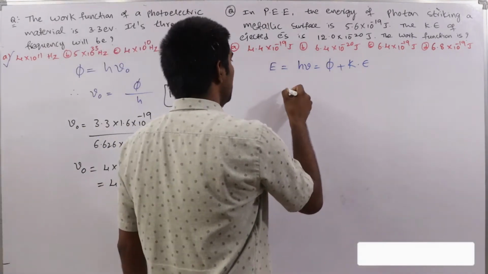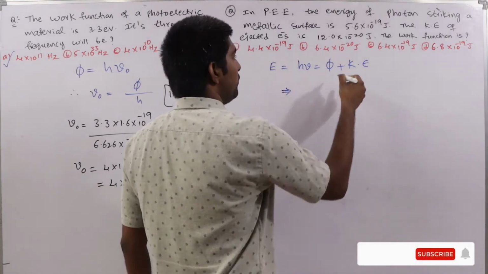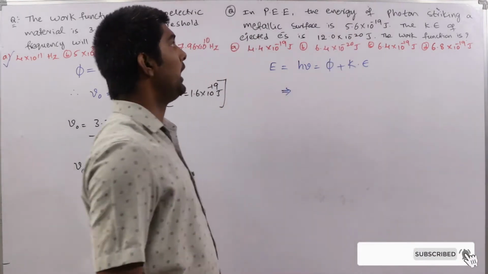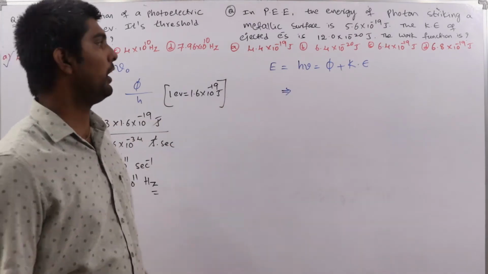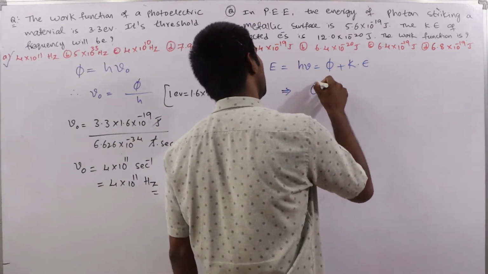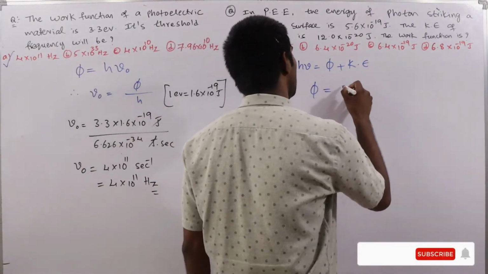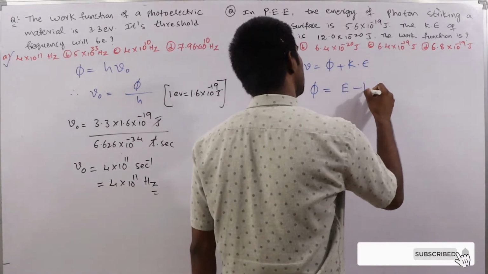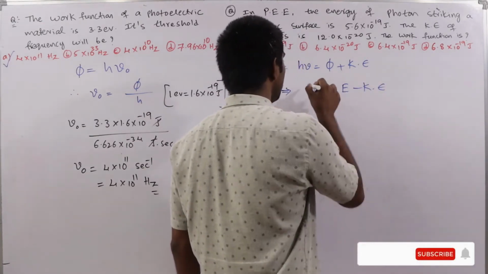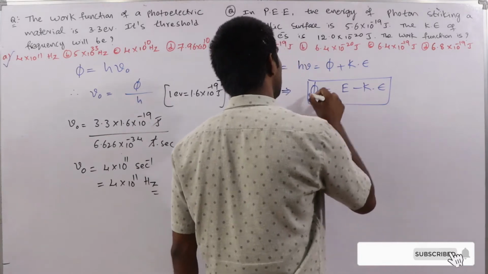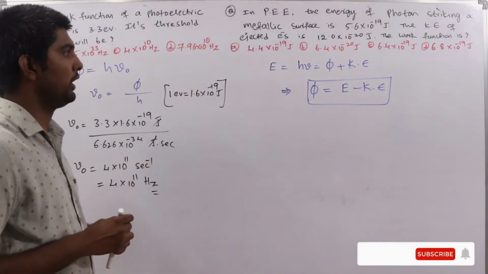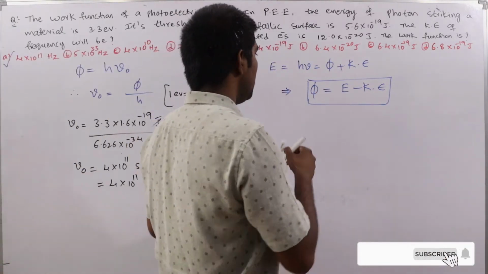They have provided the kinetic energy and the energy of the photon falling. So we have to calculate work function phi equal to E minus Ke. This is the base equation, and from that we calculate the work function.